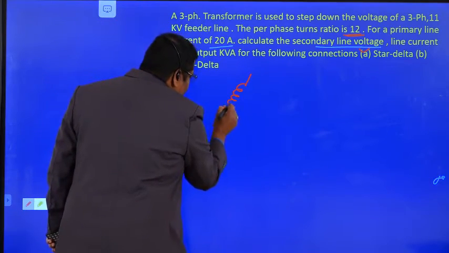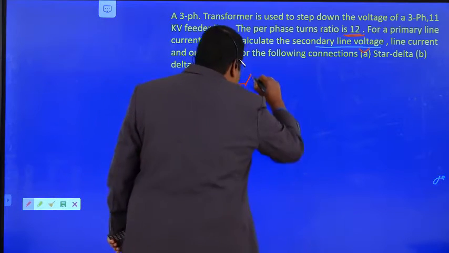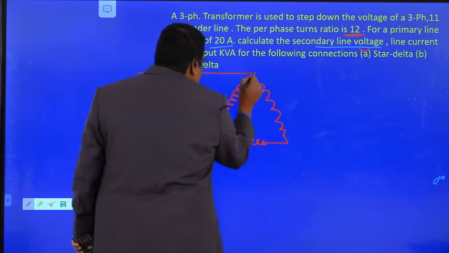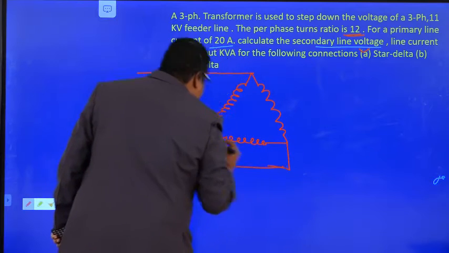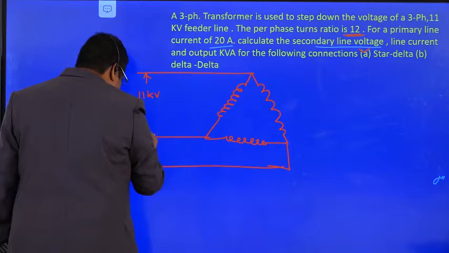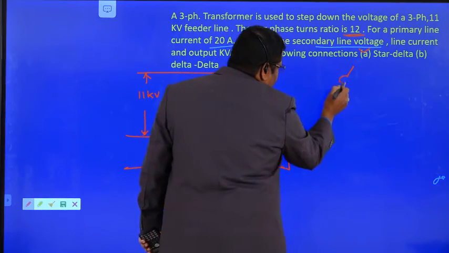The primary winding is connected in delta. Take the 3 terminals outside. This is the feeder line which is giving a voltage of 11 kV. In the same manner the secondary is also connected in delta.